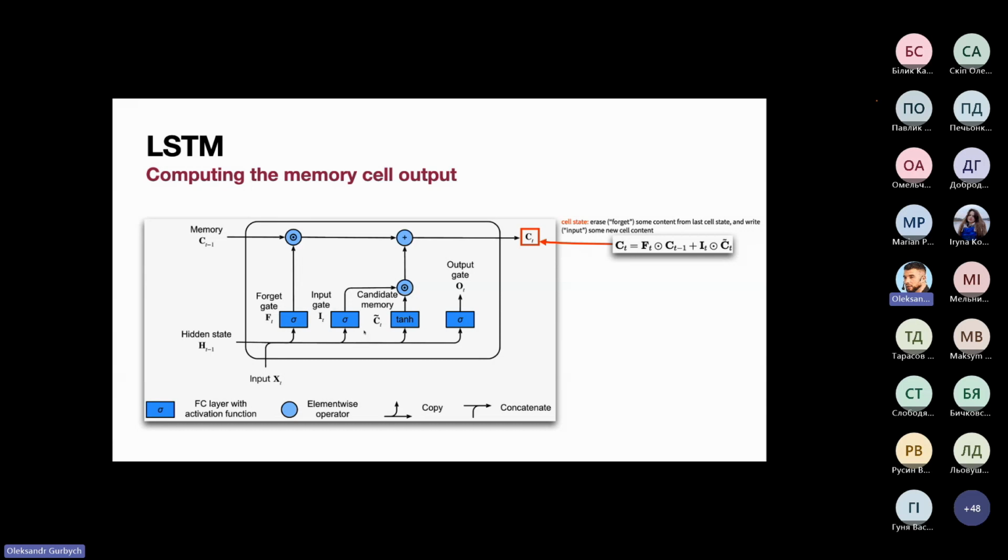So this input gate will erase something. The forget gate will erase something from this candidate, and the input gate will write something to its candidate. And here is how the final new memory or hidden state is calculated.